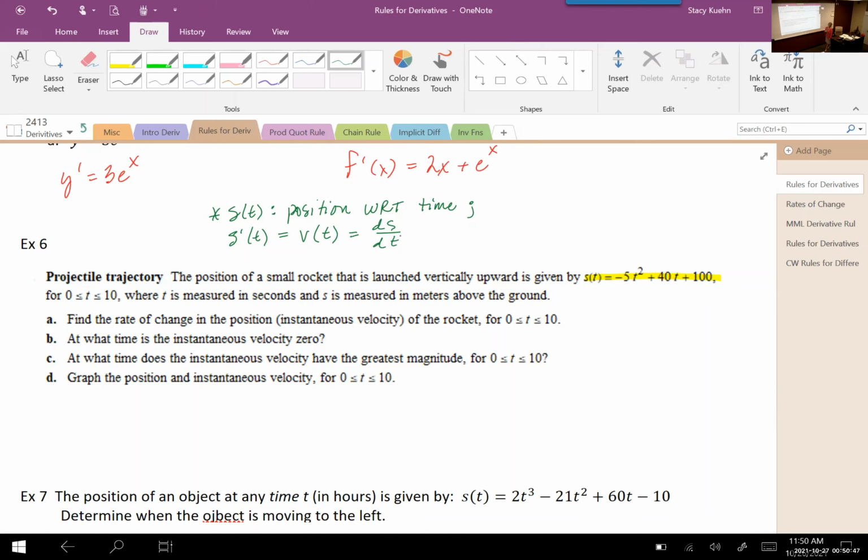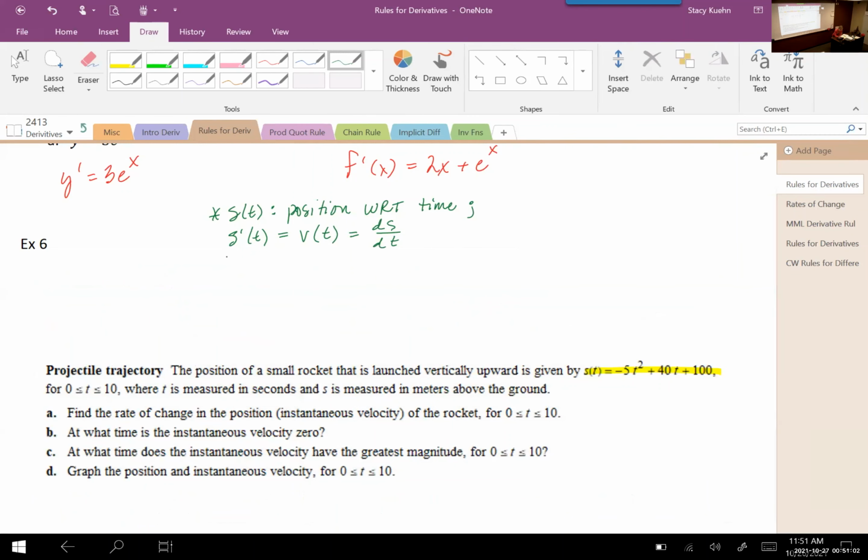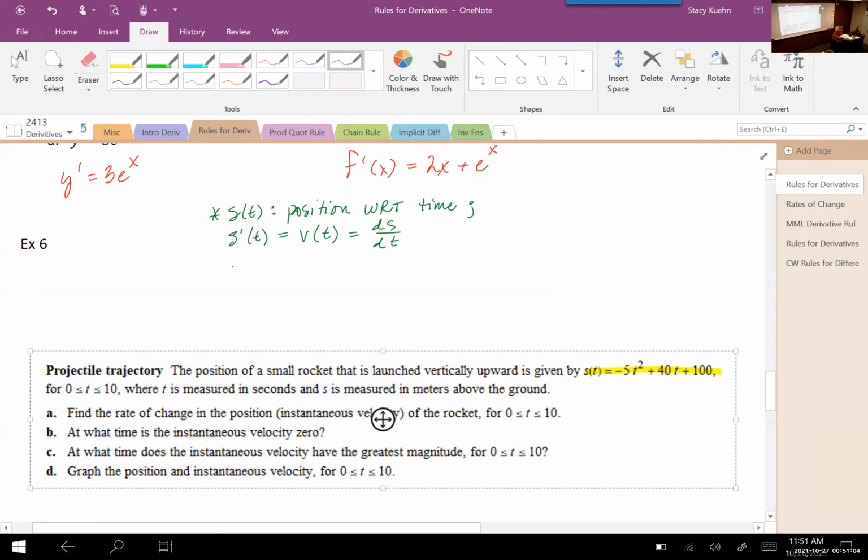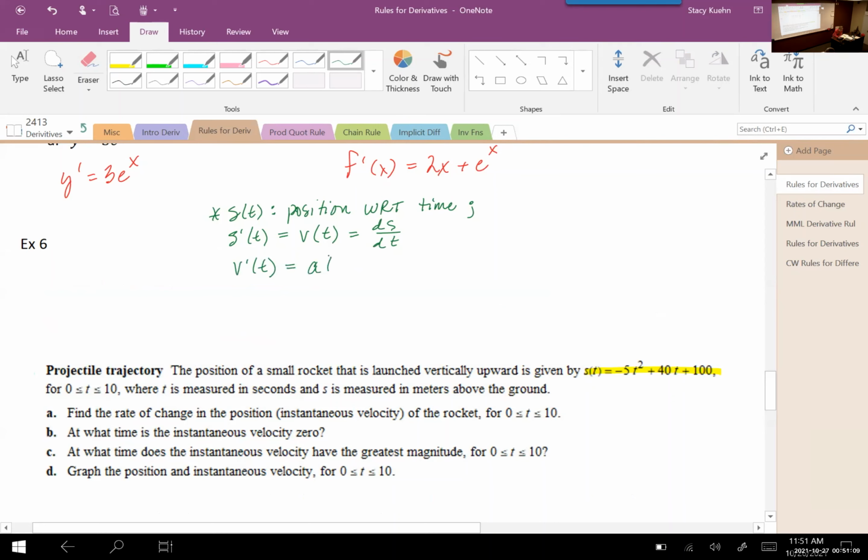What comes after velocity? Do you all know? Speed. Velocity and speed are the same. Well, speed is the absolute value of velocity. Acceleration. Okay, acceleration. And so the derivative of velocity is acceleration with respect to time.